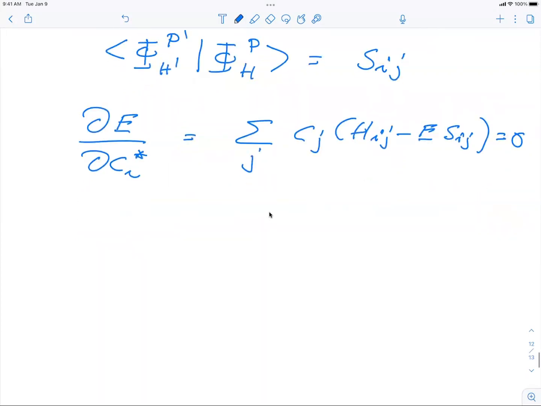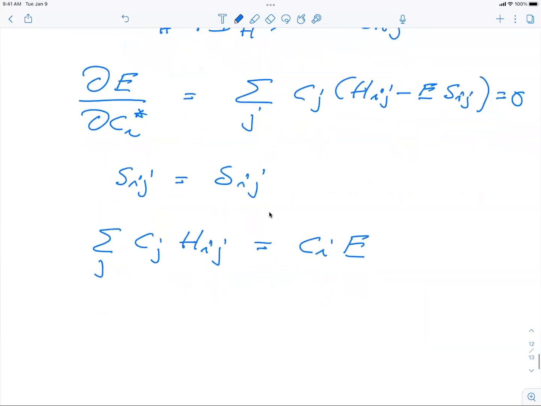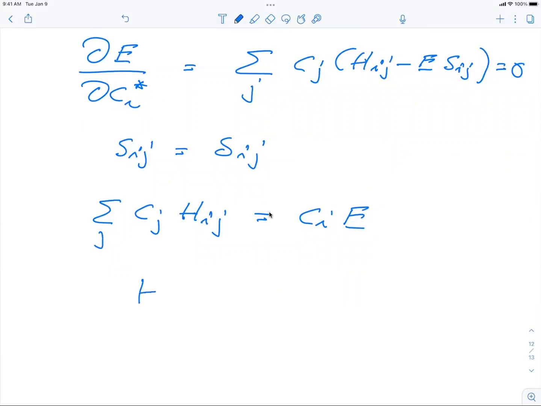So that means that what I have now, if I now assume that Sij is a Kronecker delta, delta Ij, let's do that. Then this reduces just to the sum over J of Cj multiplied with Ij equal to Ci multiplied with E. Does that sound plausible? And this is a standard eigenvalue problem. So if we rewrite it, this is nothing but H, if we think of this as a matrix now.